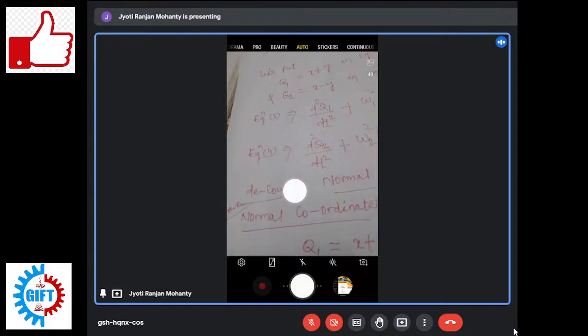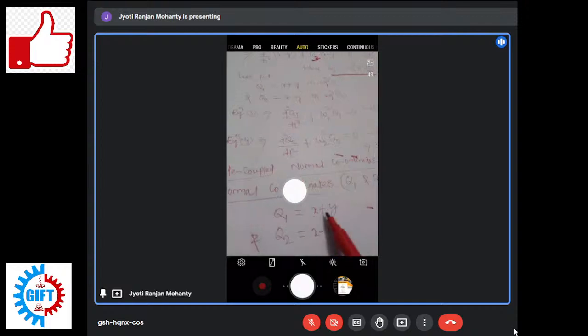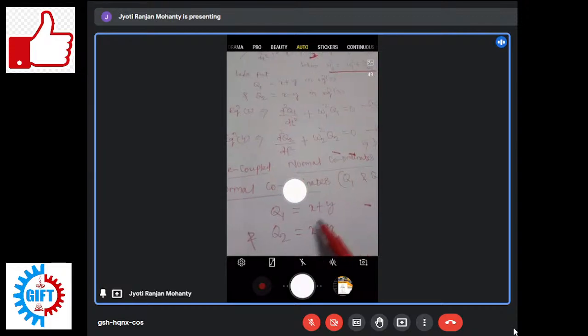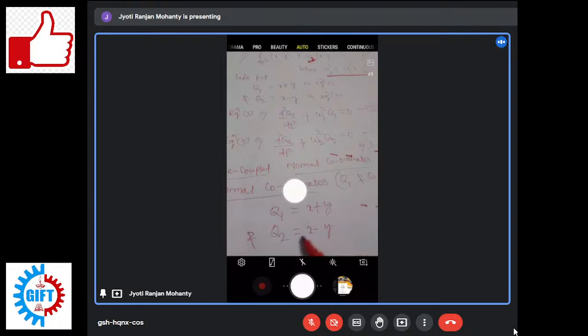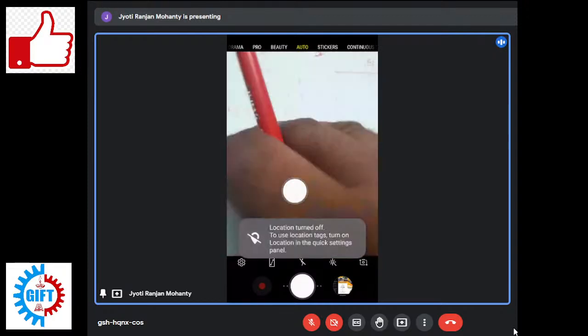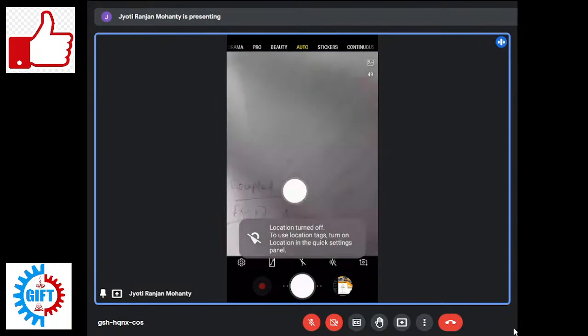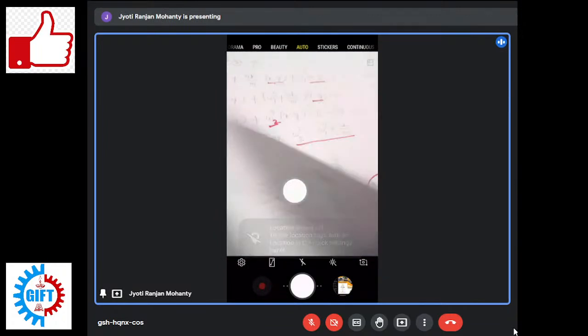That means Q1 is equal to X plus Y and Q2 is equal to X minus Y.